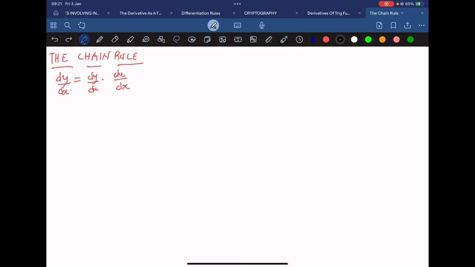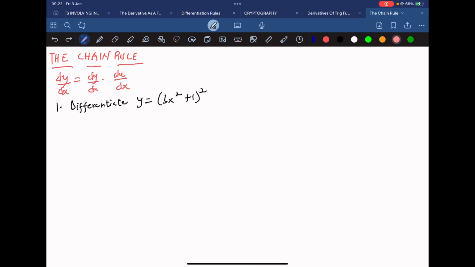So without wasting much time, let's quickly try to use the chain rule to differentiate. So we have to differentiate y = (3x² + 1)², if you have this. Now how do you differentiate this? Remember, to differentiate this, you can use the power rule that we've already gone through, but if the question states emphatically to use the chain rule, how do you use it?